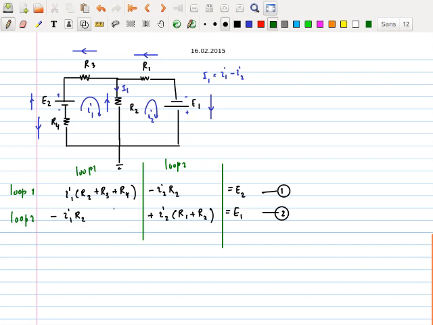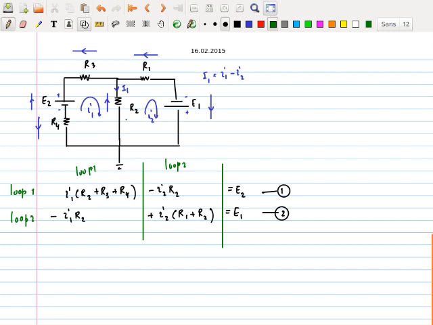Everywhere else talks about the interaction between loop 1 and loop 2. So if you are in loop 2, what interaction do I get from the first loop? I look at the resistors inside loop 2. Loop 2 has R2 and R1, but the only one common with loop 1 is R2.